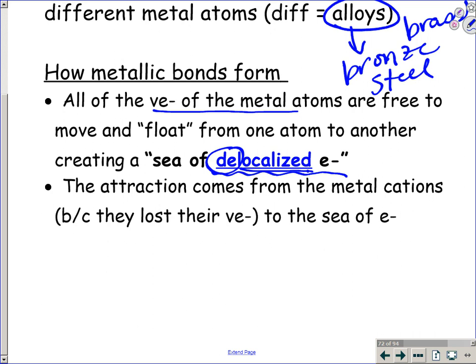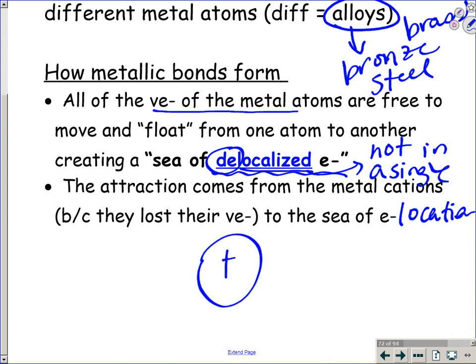Not in a single location. That means that they can freely float around. Now, because they're floating around, you might think they could just go anywhere. No, they still have their attraction to their metal core, which is a cation. So there's still an attraction aspect to it. So we call that a sea of delocalized electrons.